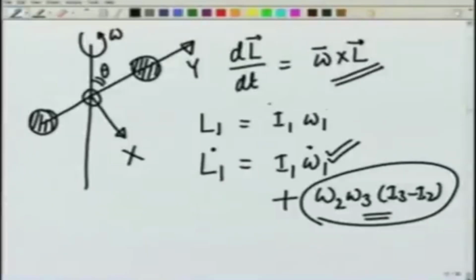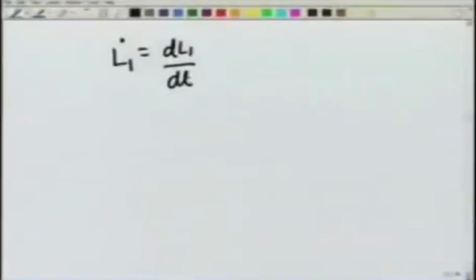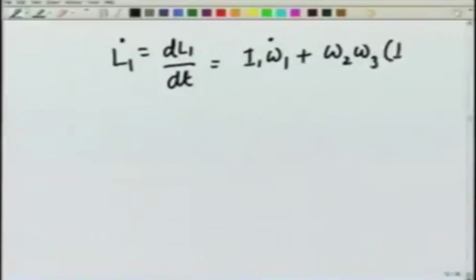So notice L1 itself is only I1 omega 1, but when we take its change, it is caused both by the change in omega and by the rotation of L vector around omega vector, and therefore in general I am going to have L1 dot, which is same as dL1 dt, is equal to I1 omega 1 dot plus omega 2 omega 3 I3 minus I2.